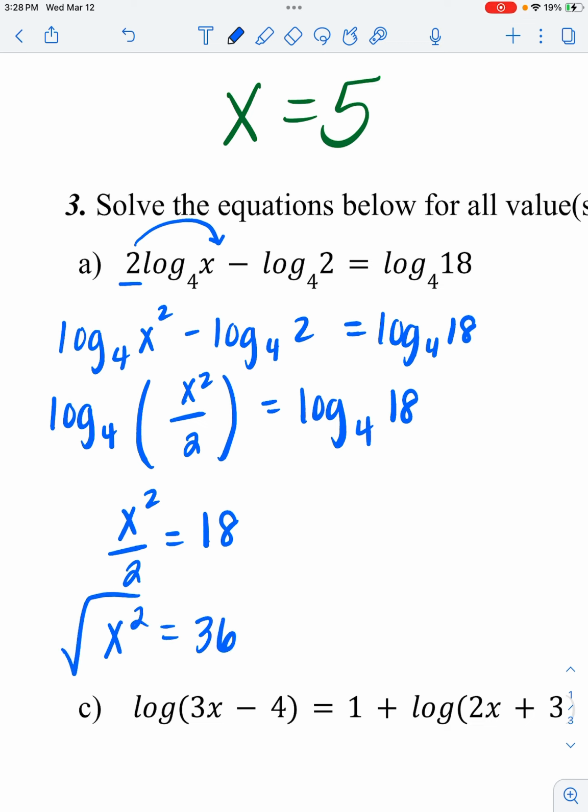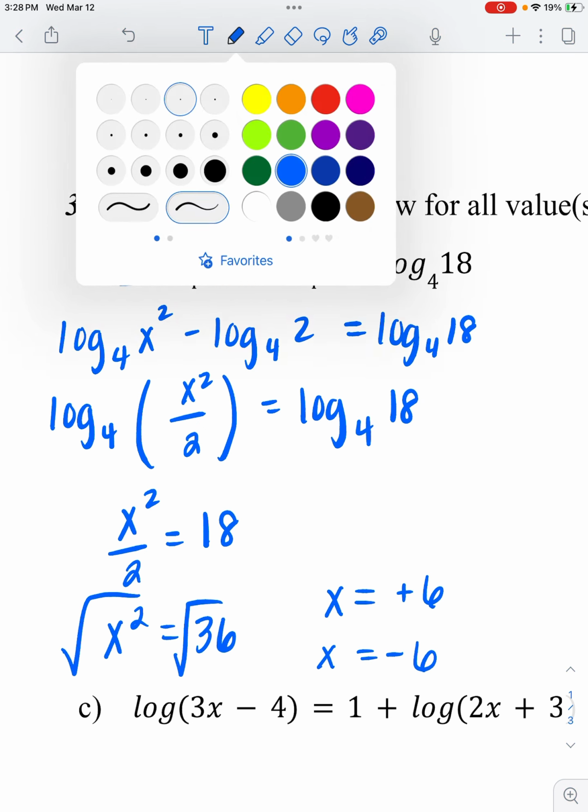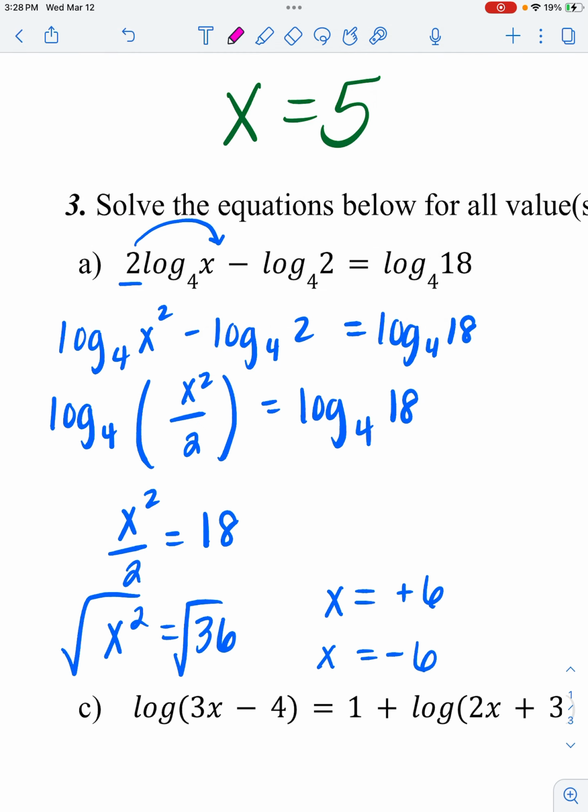When I take the square root, I get x equals, not only positive 6, but remember when you solve with an even root, you also get negative 6. I need to see both of these answers because the 6, if you plug it in, works, but if you plug in the negative 6, 2 times log base 4 of negative 6 doesn't work. So this is an extraneous solution, and I need to see it. I need to see all extraneous solutions.